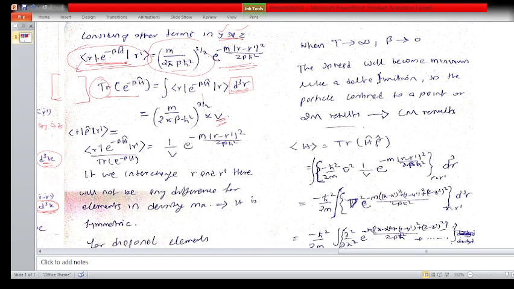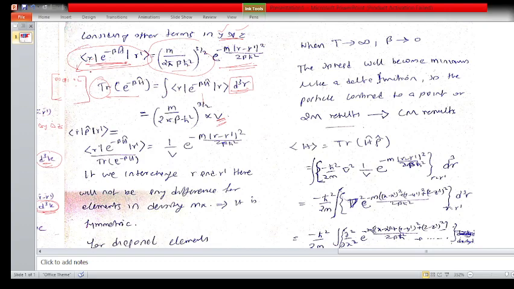So the first element will be, for example, r equal to 0, r' equal to 0, that is the first element, 00, and the second element is, for example, r equal to 0 and r' equal to 1, just representing that. So that is 01, 02 and so on, or in this case 10, 11 and so on.